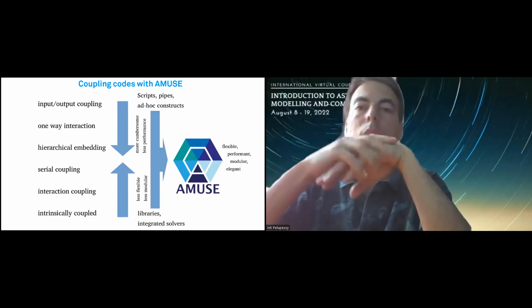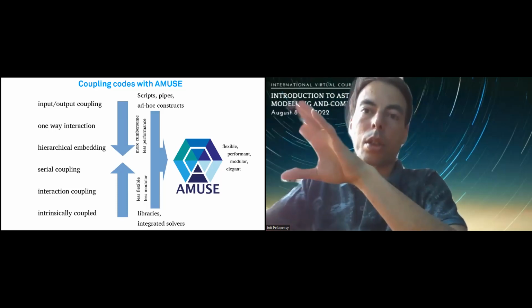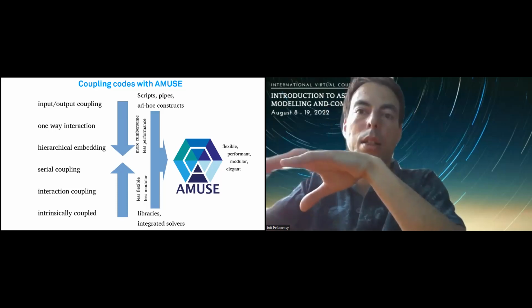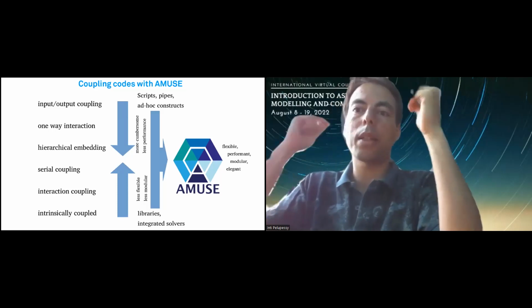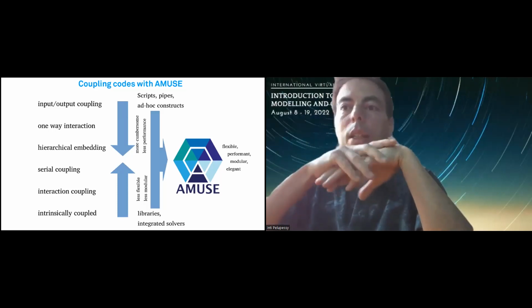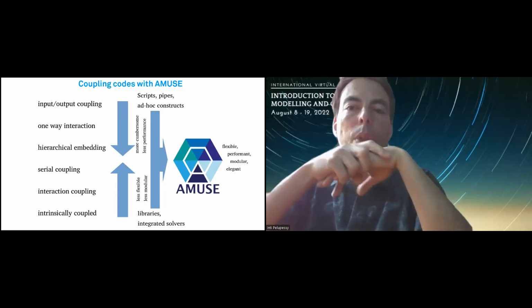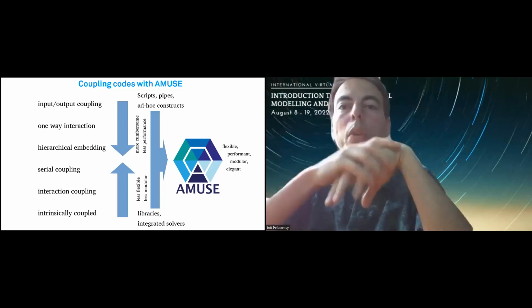For example, if you have a very intrinsically coupled system, like magnetohydrodynamics, which is a coupling between hydrodynamics and Maxwell equations. You would never write an MHD solver in AMUSE, because the coupling between the Maxwell equations and the hydrodynamics is so tight that you would really need a dedicated solver for that.